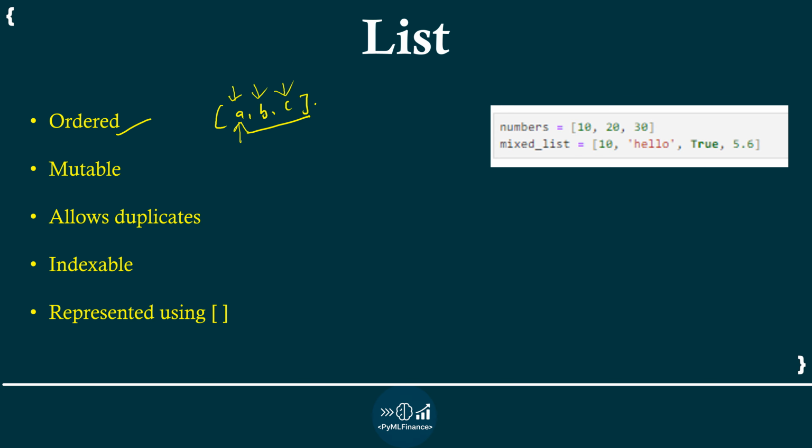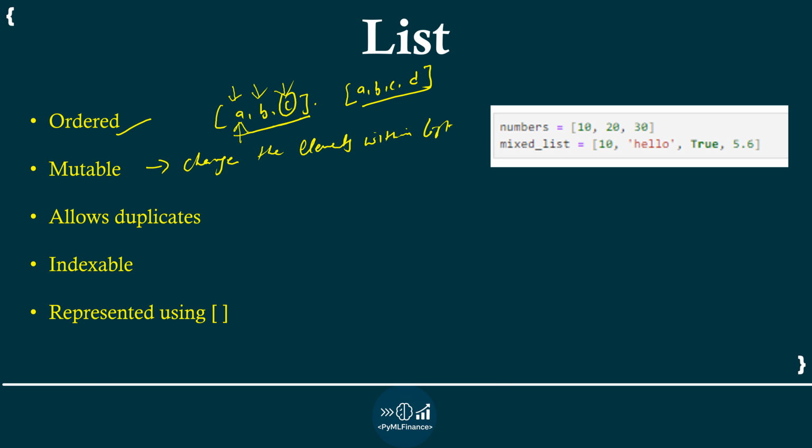Lists are mutable, which means you can change the elements within the list. So if you have a list that contains A, B, C, and you want to add one more item into it, let's say D, you can do this.